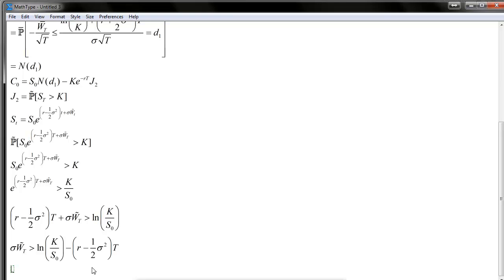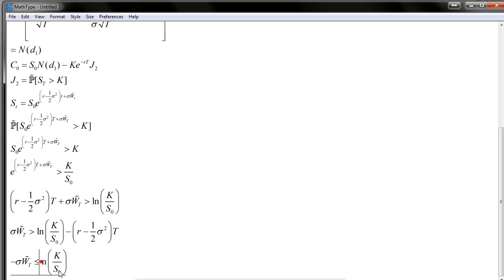Now I can multiply by -1, so that I have this less or equal to, again switching the denominator and numerator, and here we get plus.